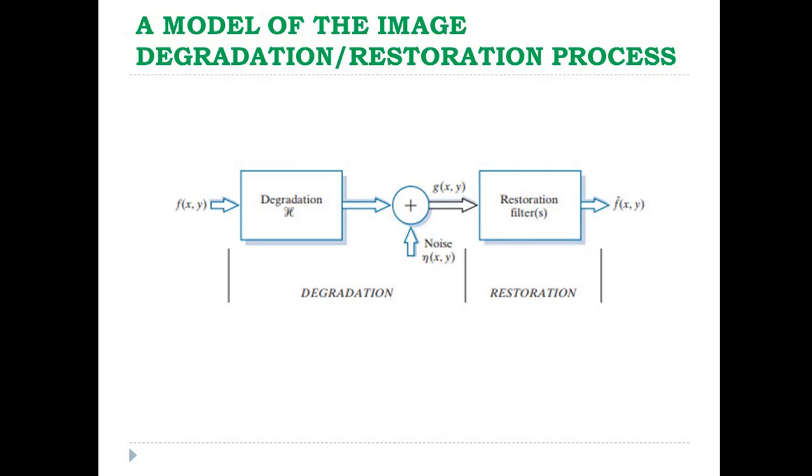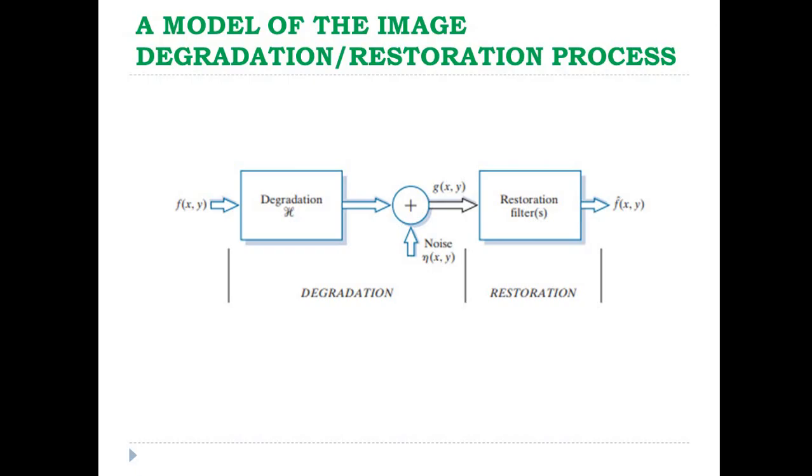So I can consider this h as the impulse response of the degrading system. So what will happen? This f of x comma y gets convolved with the degradation function h of x comma y.